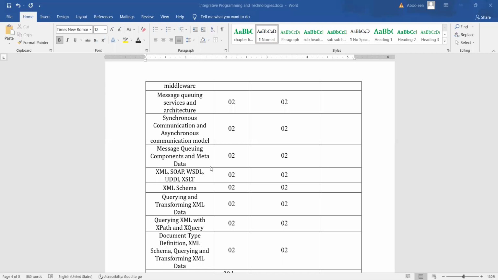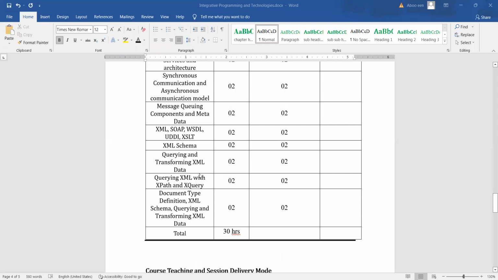We will focus on message queuing components and metadata, XML, SOAP, WSDL, UDDI, and XSLT. And we will discuss XML schema, querying and transforming XML data, querying XML with XPath and XQuery, document type definitions, XML schema, querying and transforming XML data.